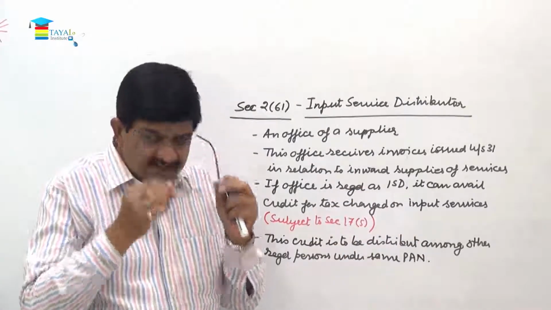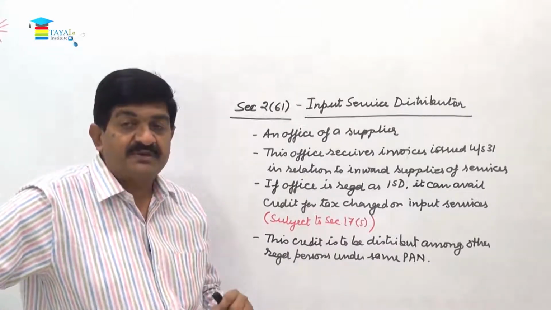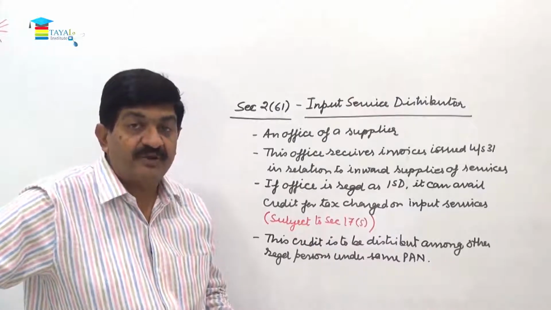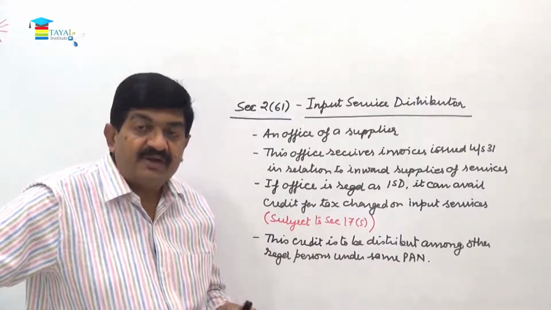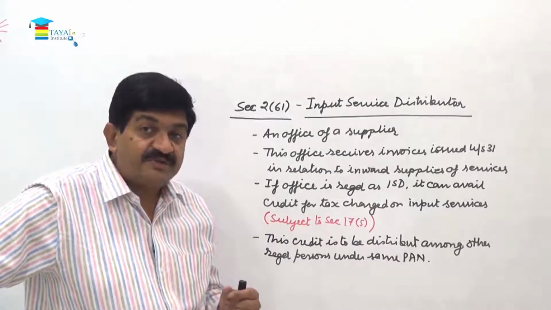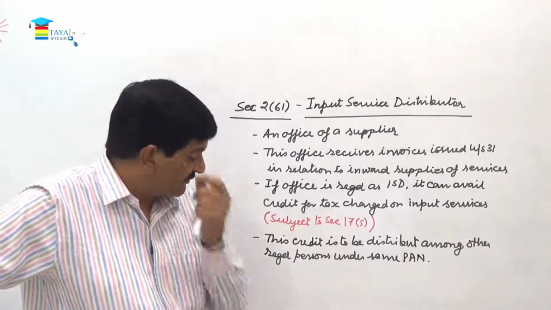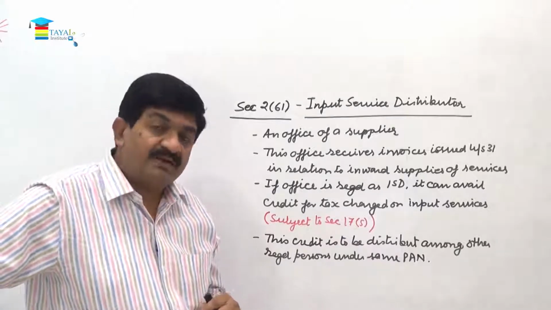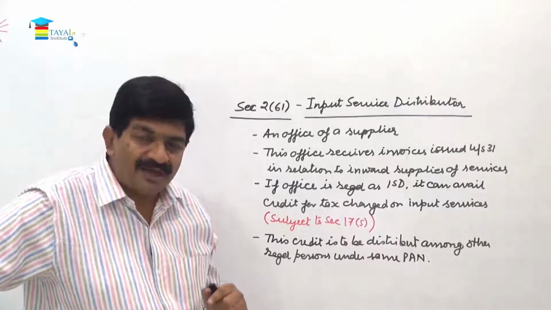So friend, this is the concept of input service distributor. So first of all, this is an office, and this office is receiving invoices in respect of inward supply of services. If the office is registered, it can avail credit of the tax which is charged on those input services, but subject to section 17 subsection 5, and this credit is allowed to be distributed among other registered persons provided those are registered under the same permanent account number.